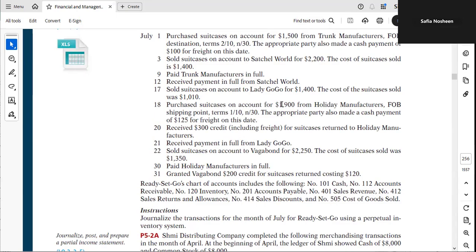The amount due was 1900, but we will pay them less than 1900, less by an amount of 300, as 300 was the credit for returned goods.